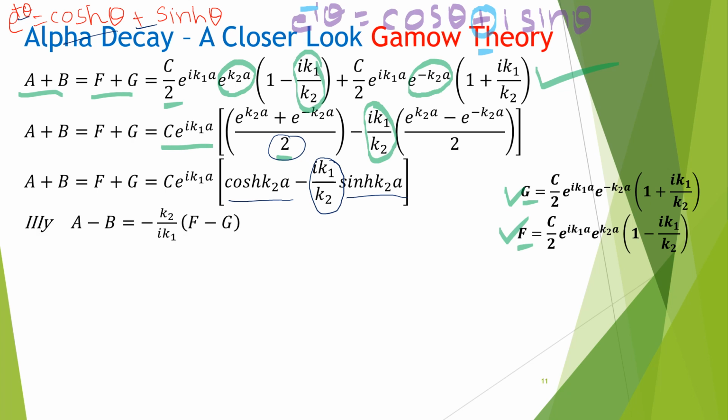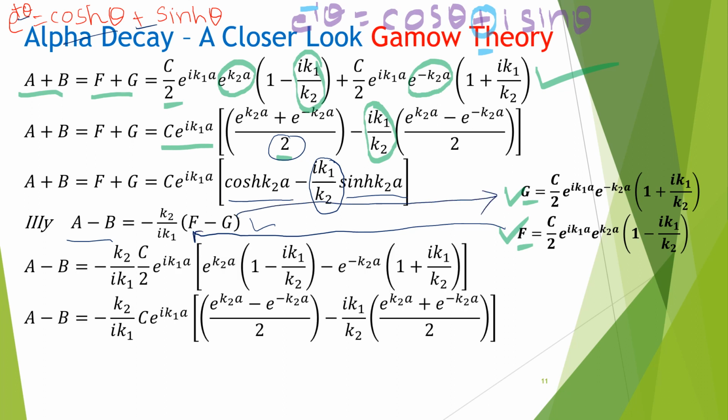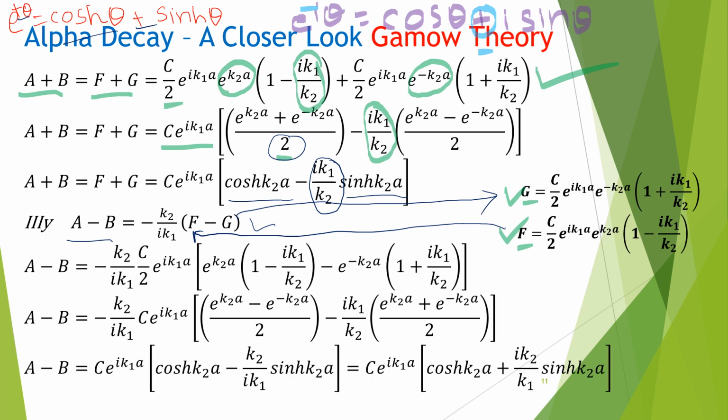Similarly, we can write A minus B equal to minus k2 upon I times k1 into f minus g. Again, I have to substitute f here and g from this point. By substituting that, simplifying and collecting terms together so that we can use hyperbolic cosine and sine functions, we can write A minus B is equal to C e to the power I k1a cos of k2a minus k2 upon I k1 sinh of k2a.